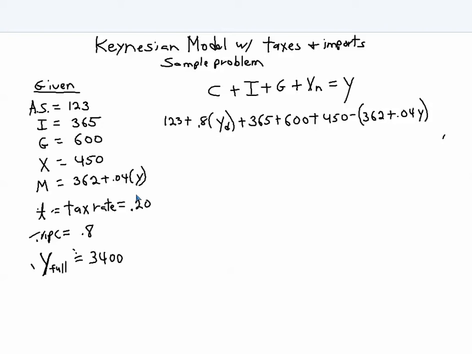I ran off the page. I don't know why it won't show this, but there should be an equals y over there. Did it come up that time? No, but it should. Okay, so now let's try to combine some of these terms.